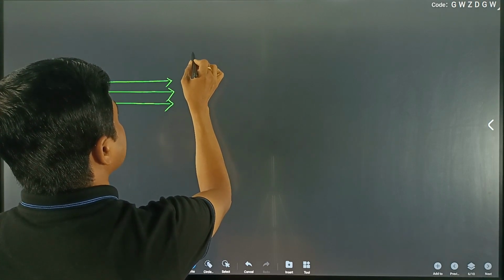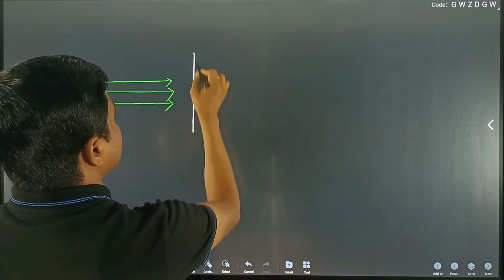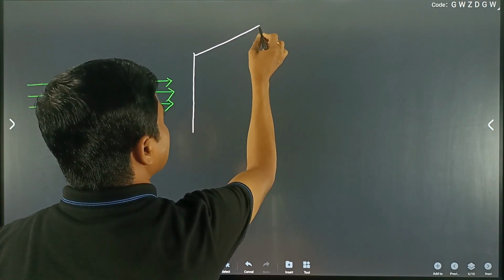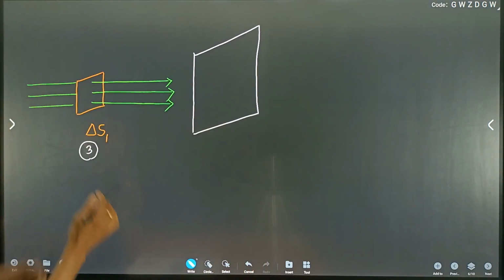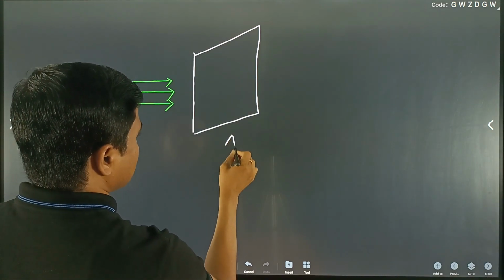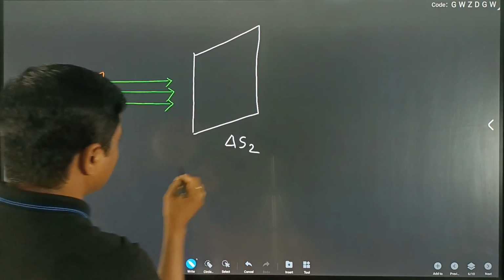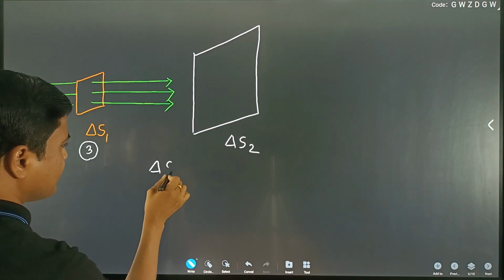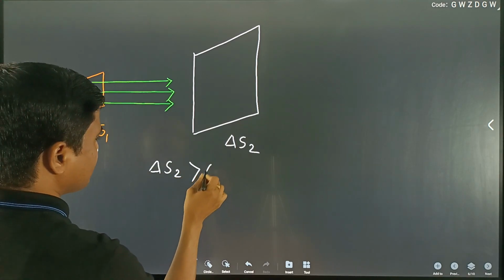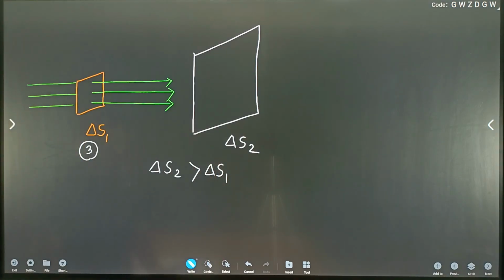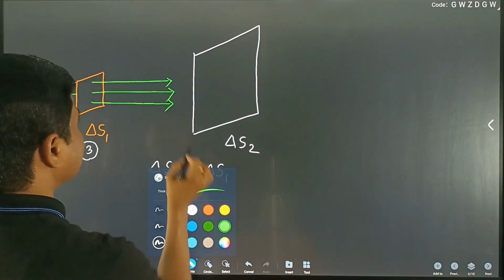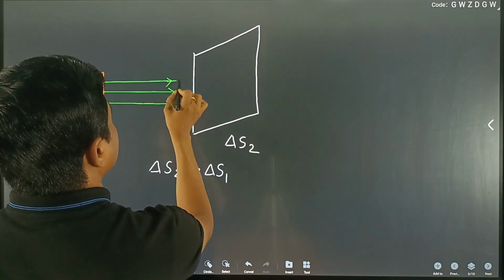Another small element, we take another small area element but slightly greater as compared to the first one. We write that is del S2. Here we write del S2 is greater than del S1. Clear? Then what happens? These are the electric field lines.